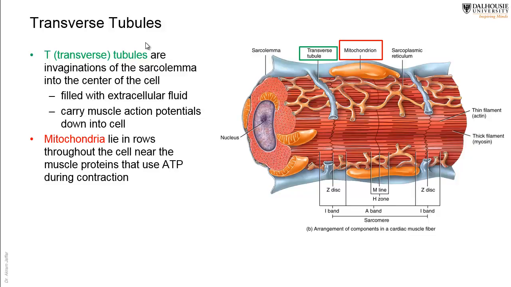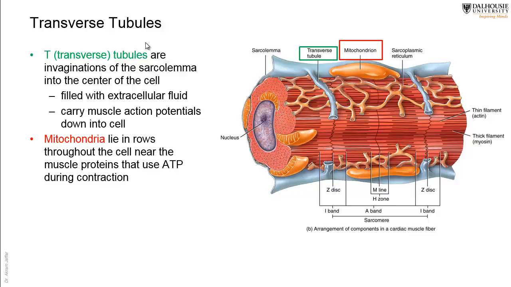Otherwise, the muscle will continue contracting like this. So the release of this cross bridge requires ATP. That's why we need a lot of mitochondria here to provide the energy that is required for the release of the cross bridge. Okay.